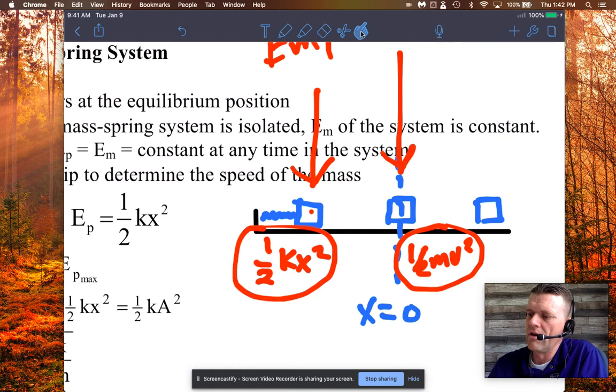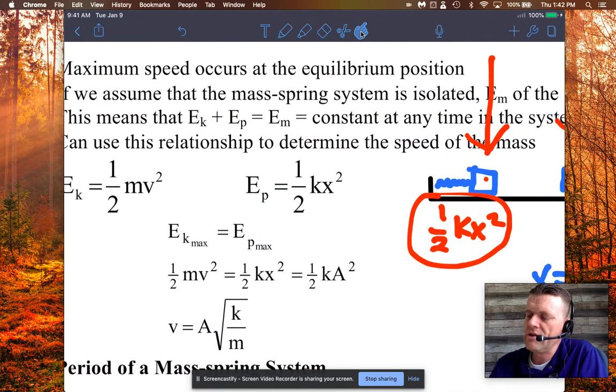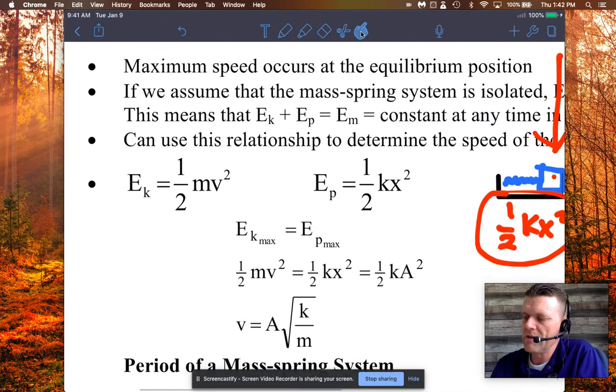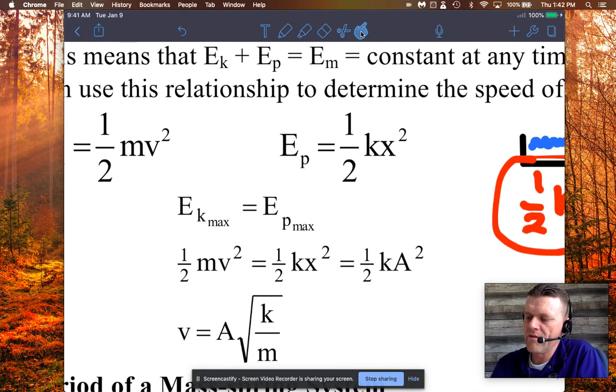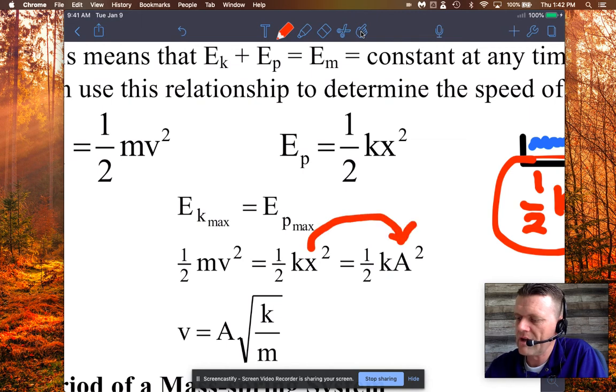So all we do here, and you can see this derivation, is make those two equal to each other. 1/2 mv squared equals 1/2 kx squared. But if we are dealing with a maximum velocity, we get that by having a maximum displacement. So you can see here, this x got replaced with an a. That's where we start using a.